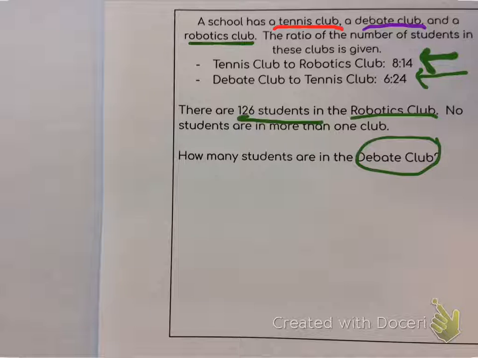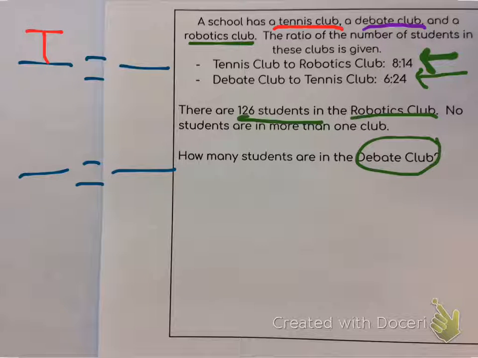We've got our tennis club. Here, I'm going to make some ratios. We have our tennis club to robotics club is 8 to 14. So tennis would be 8 and robotics would be 14. And we have our debate club to tennis club is 6 to 24.